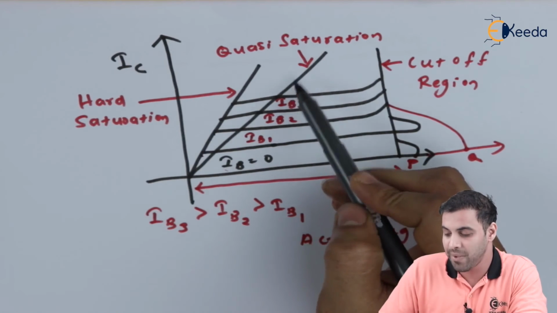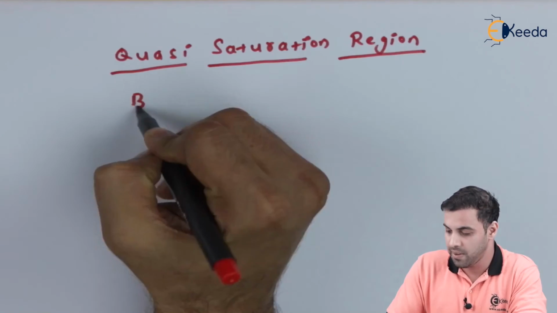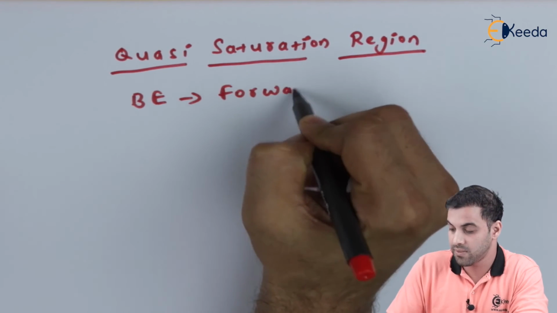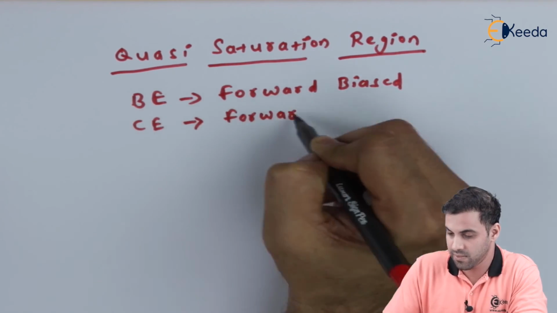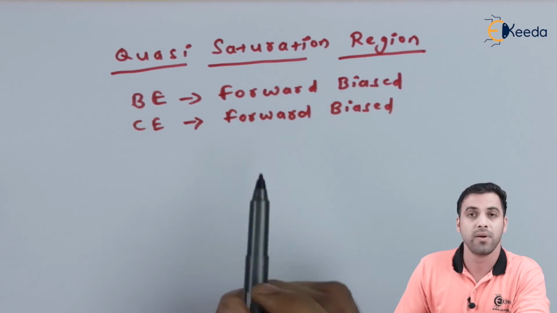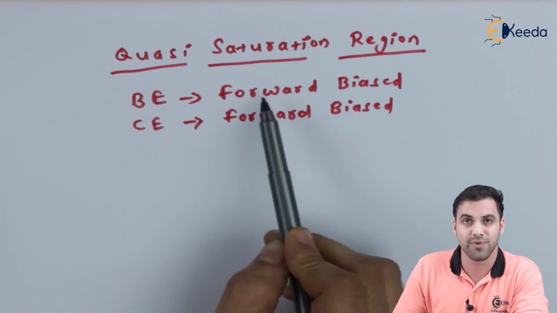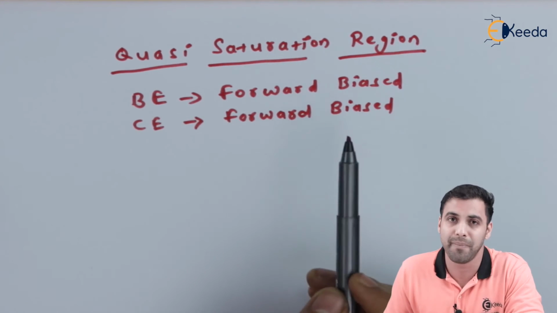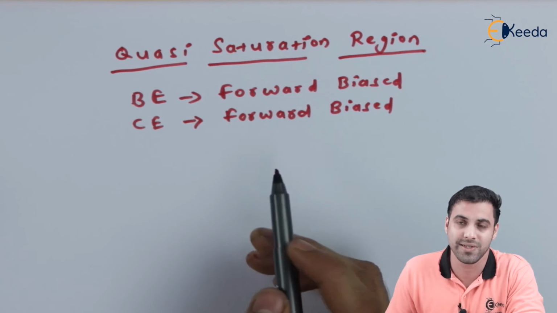It is very similar to the hard saturation, because in a quasi-saturation region, the base emitter junction is forward biased and the collector emitter junction is also forward biased. Now, how is it different from the hard saturation region?